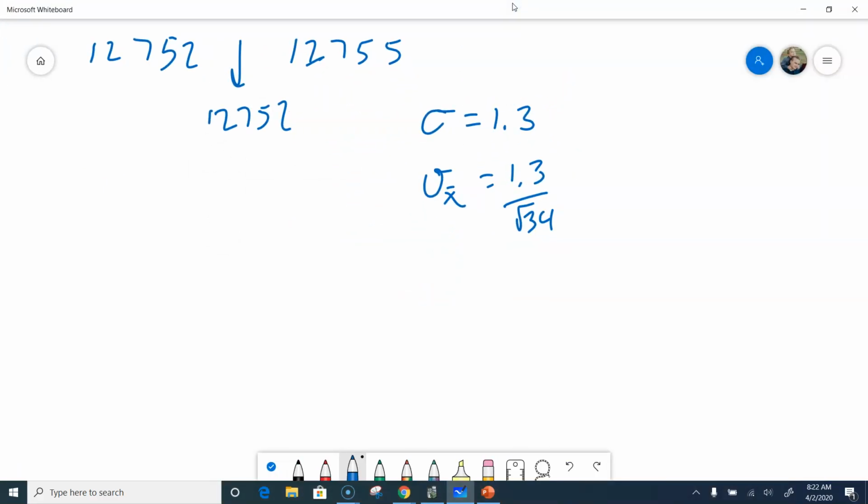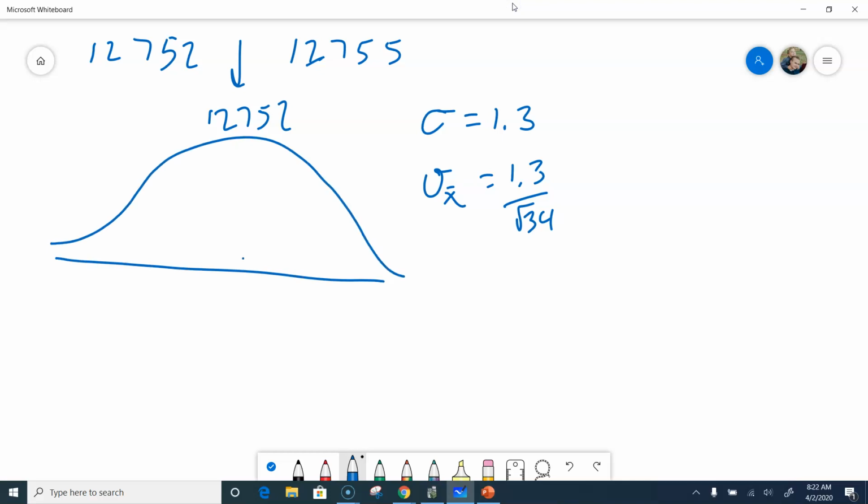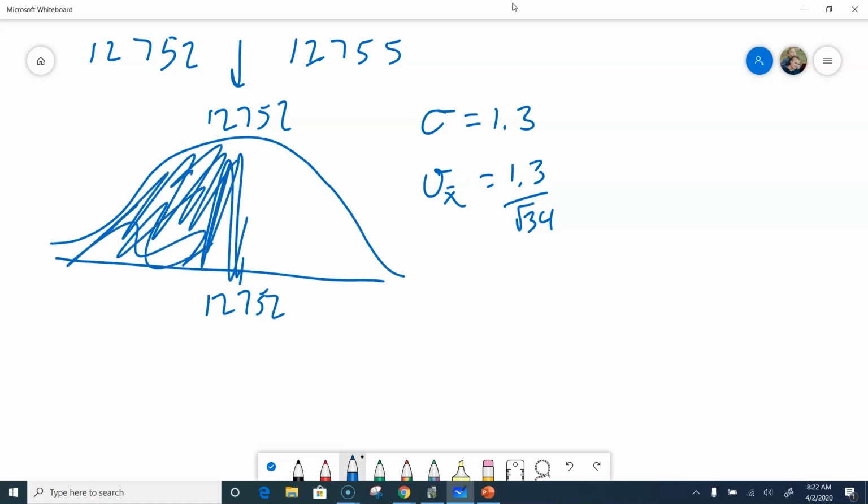So I want to try to picture a normal curve. I know that 12,752 lives in the middle. Now, this first part here, I don't even need my calculator for. I know the probability that something falls below 12,752 is going to be 50%. Okay? So that's definitely not unusual.